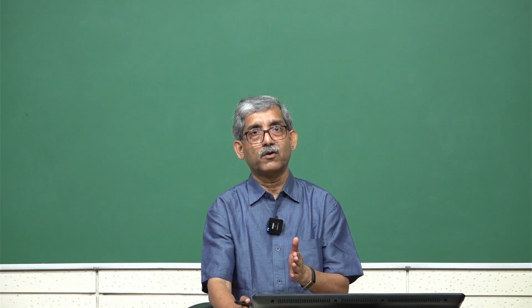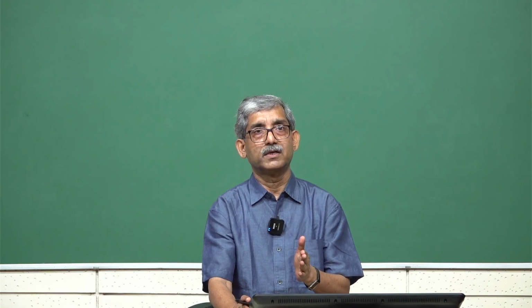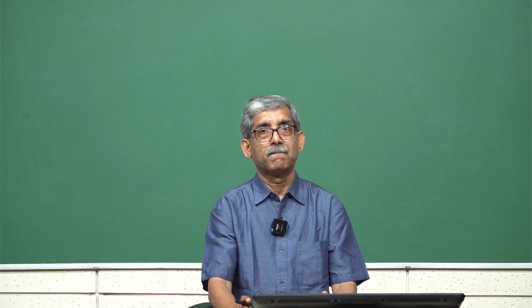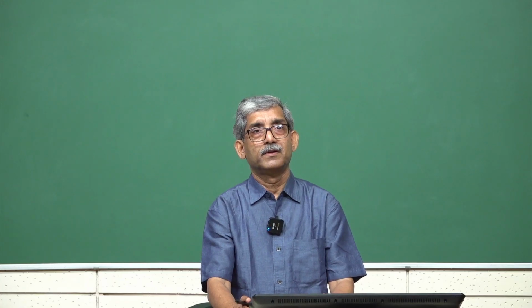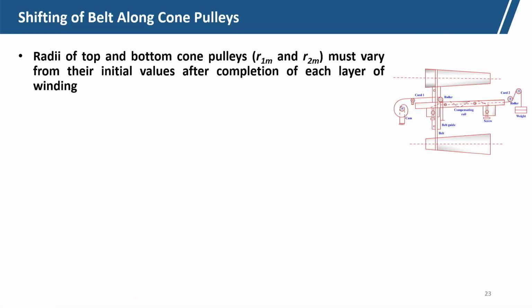Now, we will discuss the shifting of the belt along the cone pulley, which is very important. We will do the detailed calculation here. Now, the radius of the top and bottom cone pulley, as we have discussed, R1m and R2m, is varying from its initial value after completion of each layer of winding.